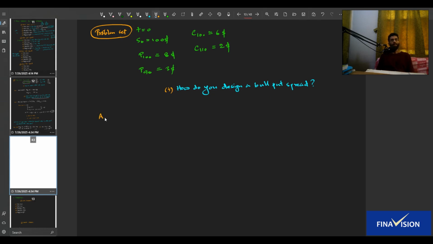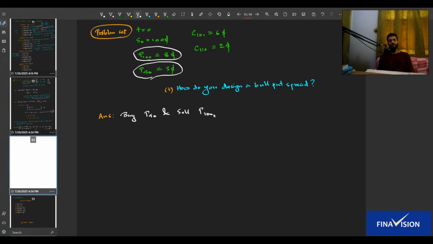You are banking on the stock going up, which means you buy the lower strike and sell the higher strike. Lower strike means you buy the P90 and sell the higher strike, P100. This is a bull put spread.